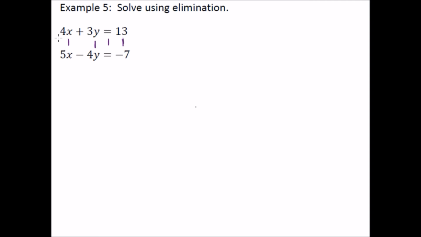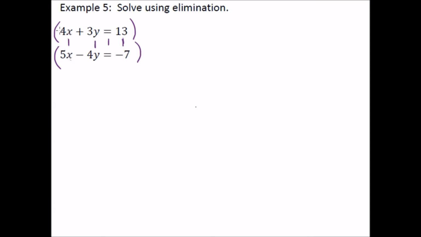In example 4, we only had to multiply one of these equations by a constant in order to get the y's as the same term. In this situation, we actually have to multiply both of these equations by a constant in order to get either the x's alike or the y's alike.